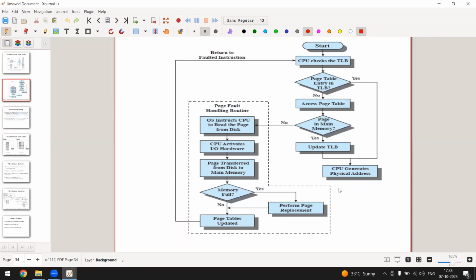First it will check the TLB. If the address is found in the TLB, generate it. Otherwise, look into the page table. If the particular page is not present in the memory, then generate a page fault and get the page from the secondary memory, update the page table and update the TLB.